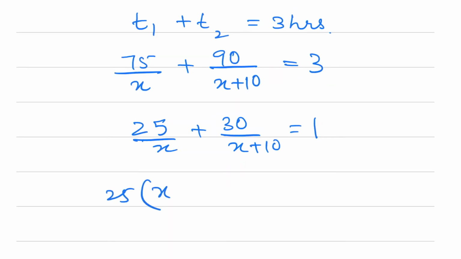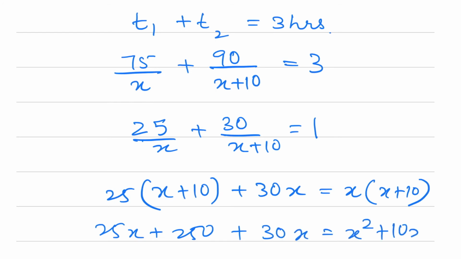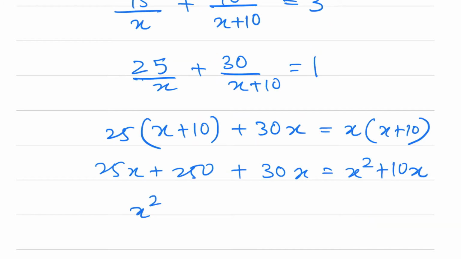25 into x plus 10 plus 30x is equal to x into x plus 10. 25x plus 250 plus 30x is equal to x square plus 10x. x square minus 10x minus 55x, so minus 45x minus 250 is equal to 0.